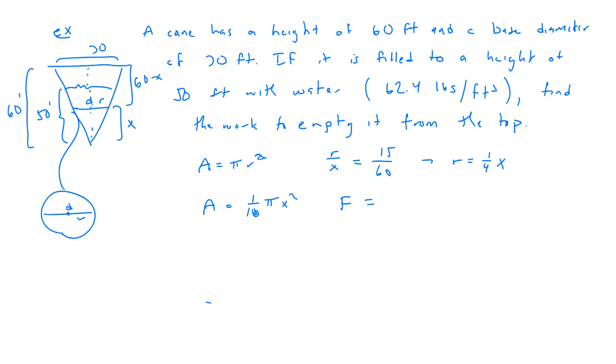In some ways I don't really want to. You can see there are the two similar triangles. One is the full triangle, which has a height of 60 and a radius of 15. And this is our similar triangle. And we know that the ratio of the equivalent sides is the same. So x isn't equal to 60, but r over x is equal to 15 over 60 because they're similar triangles.